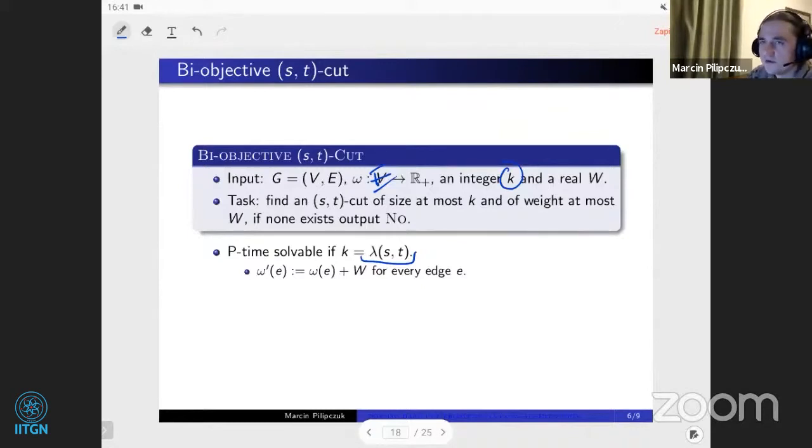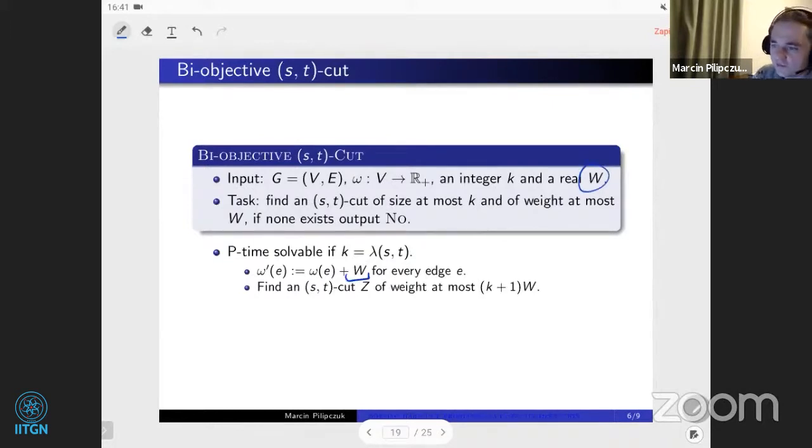Now you can think of every edge as one big edge, because you need to count for cardinality and some tiny weight after the decimal point. So this boils down to adding a huge number to every weight.